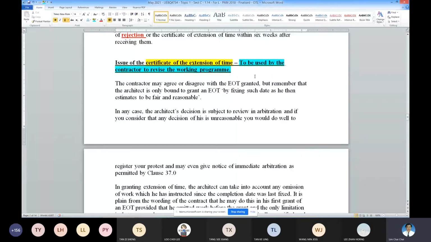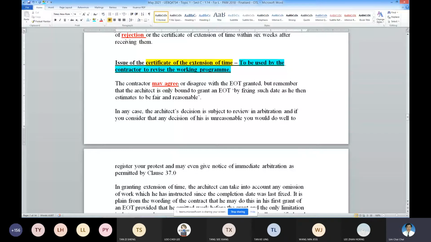Now, if the certificate of extension of time is given and the contractor agrees, then you recalculate the time of your new revised duration based on what is agreed. More often than not, when contractors submit the extension of time, they may ask for, let's say, 50 days. When the architect evaluates, he may give the contractor 30 days.